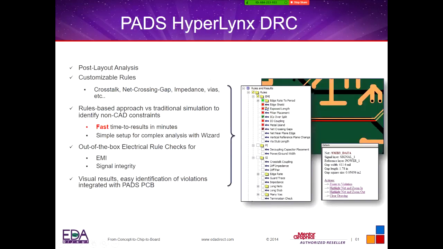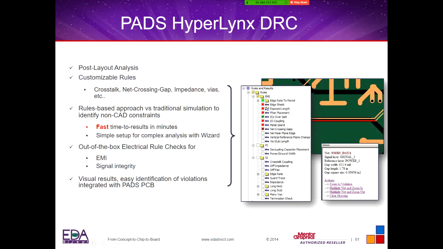And then you've got the electrical DRC. So here we're going to be running EMI and SI and PI as well, all kinds of checks that we can run on the design, which is not the same as what you would run for your DRC in your PADS tool, which is basically checking for spacing and connections.